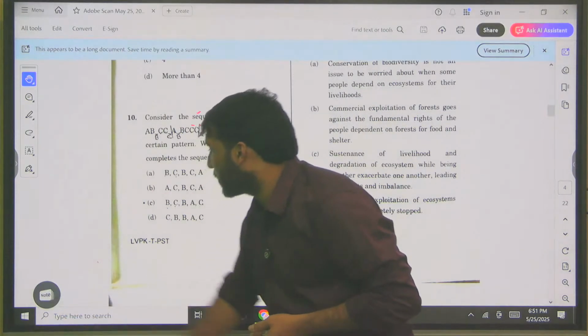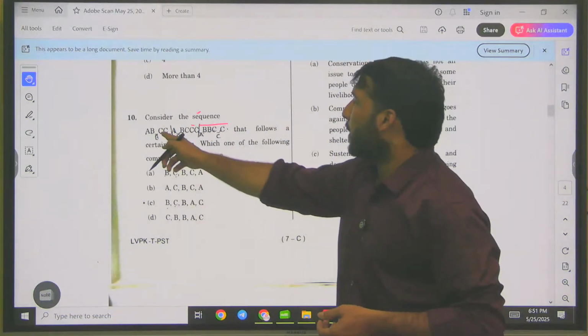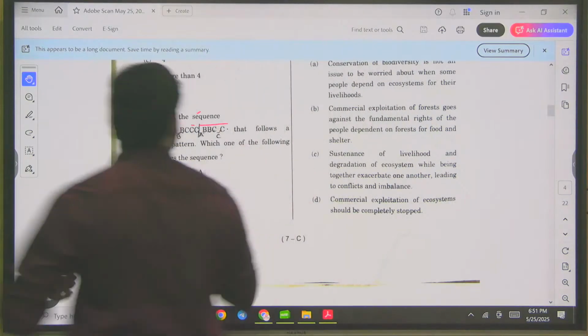So next, a series related question. A, B, C, C, total 18 are there.